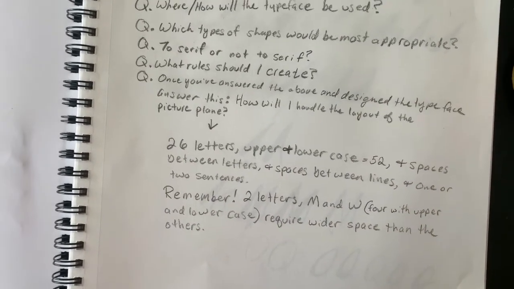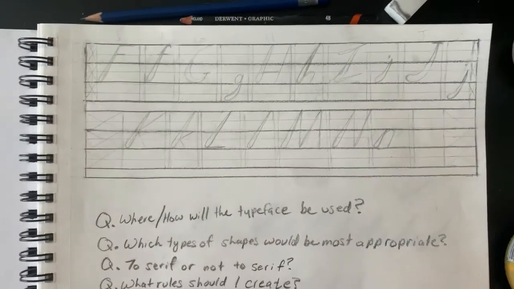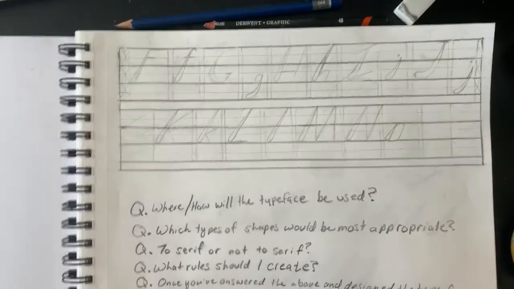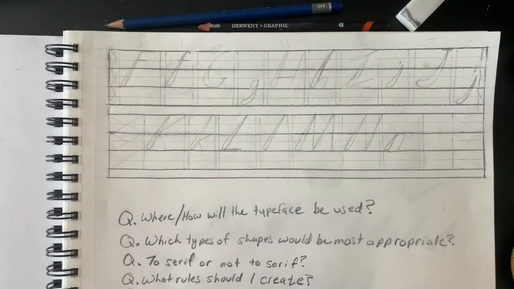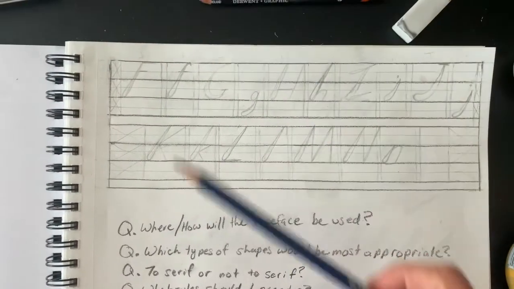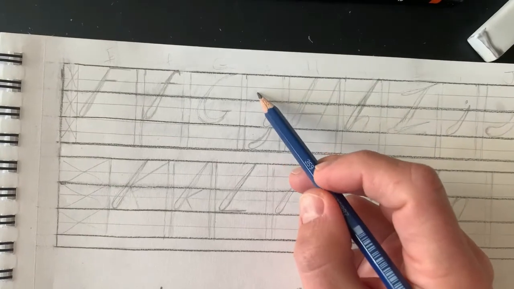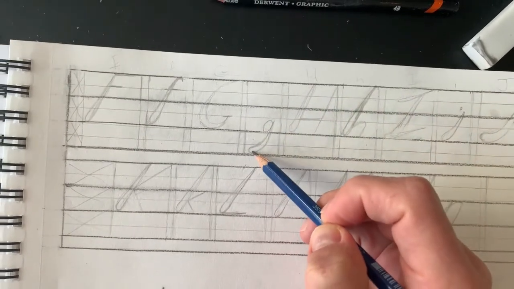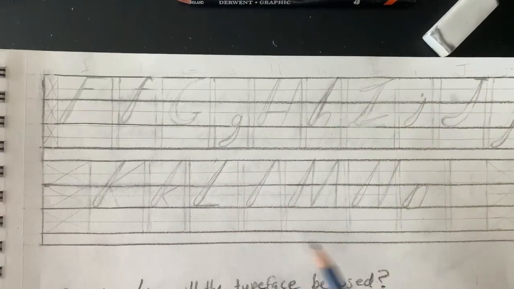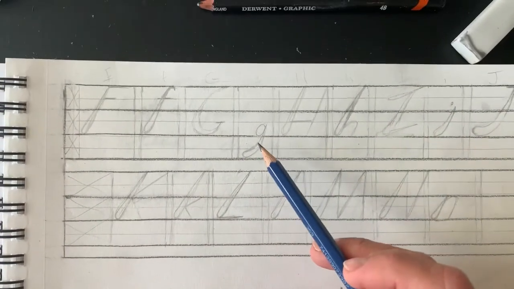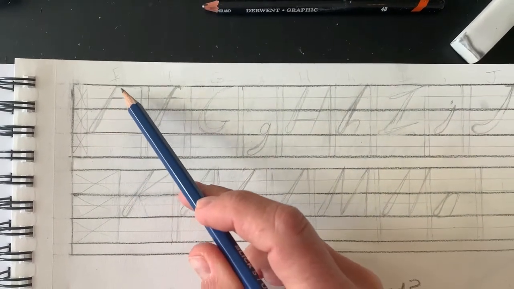So let's look at what I started off with in my sketchbook. I made a couple of mistakes here intentionally to give you an idea of what to do, but I also set up a lot of things correctly. So when you're designing these, you will need to have 1, 2, 3, 4, 5, 6 divisions for each line of typeface. And the reason is that some letters go from the base all the way to the top.